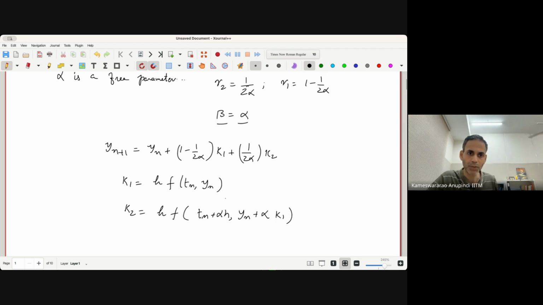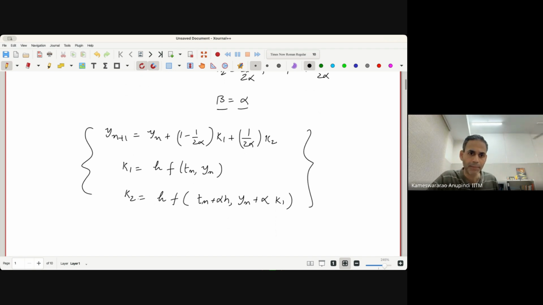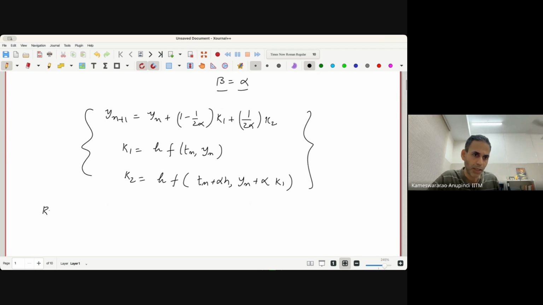So this is now the RK2 method, the second order accurate Runge-Kutta method. Of course, I have not shown that this is actually second order accurate, which we're going to show in some time.